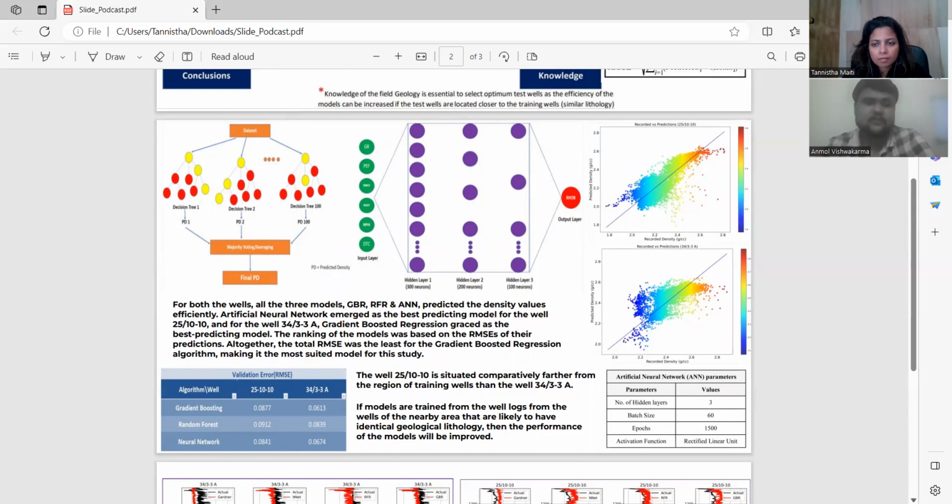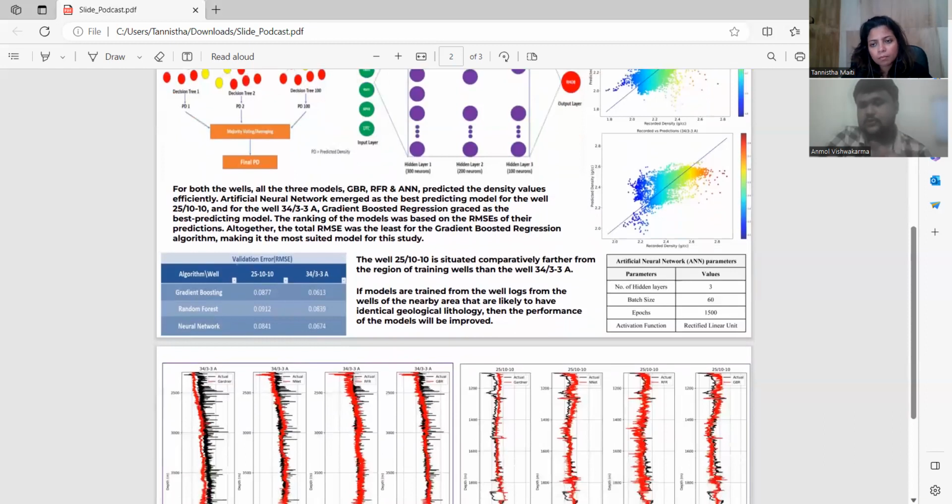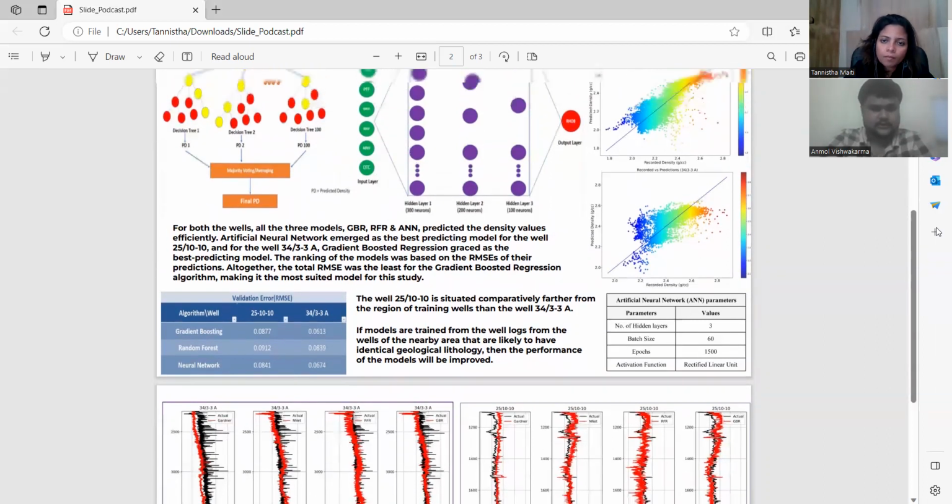The performance of the models was analyzed on the basis of root mean squared error and by incorporating geological knowledge, such as whether our test well is located near the group of training wells or farther from them. Also, something I missed out is the normalization process, which helps train the models more efficiently. The data was normalized with the help of the equation on the right hand side.